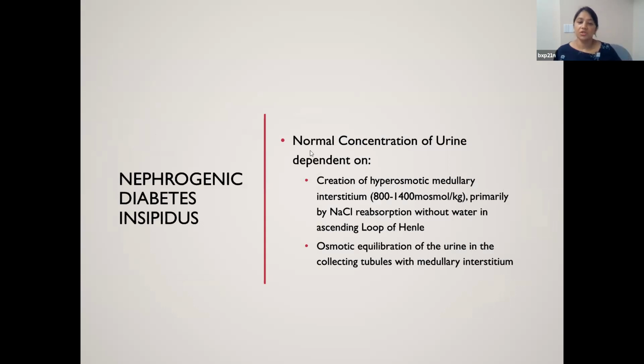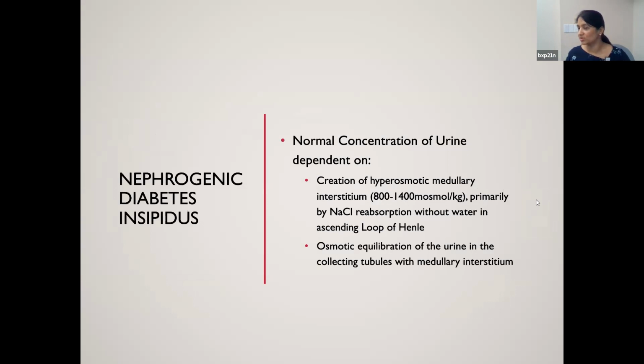So normal concentration of urine depends on the creation of a hyperosmotic medullary interstitium, and primarily the sodium reabsorption without water in the ascending loop of Henle. Suppose you knock out this transporter with a loop diuretic, then you lose more salt, right?